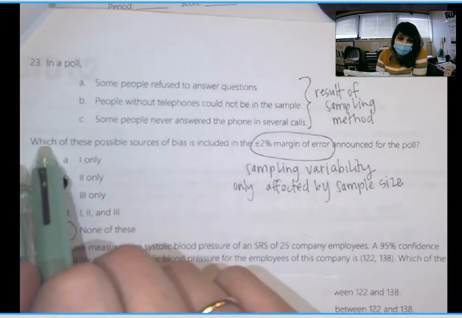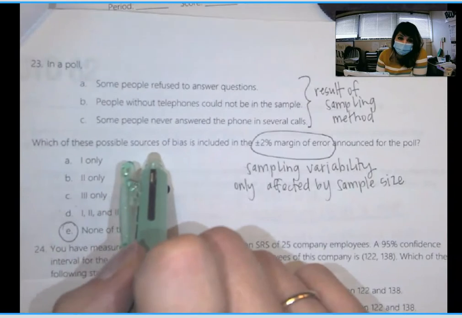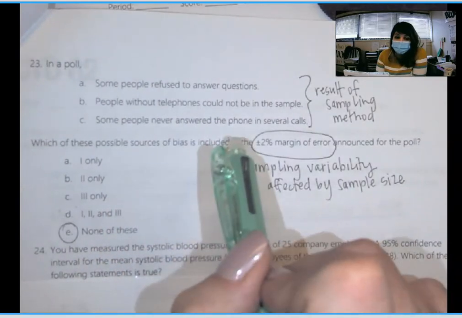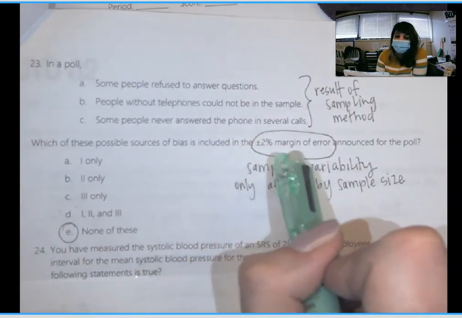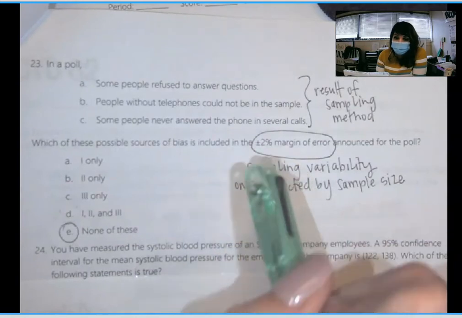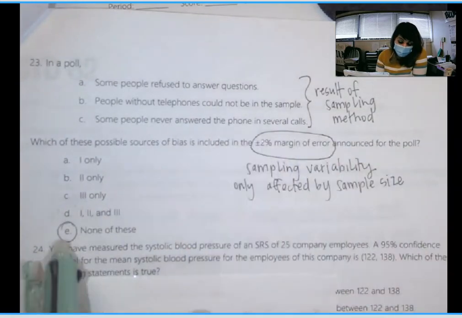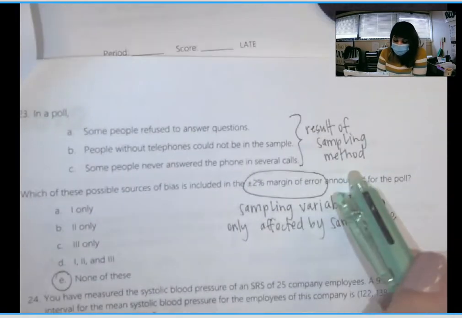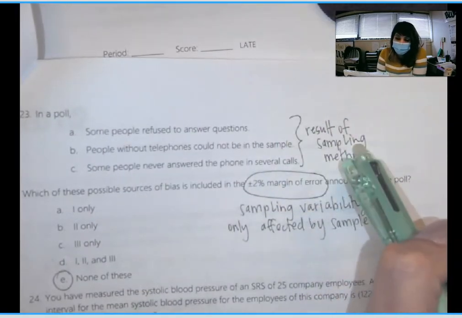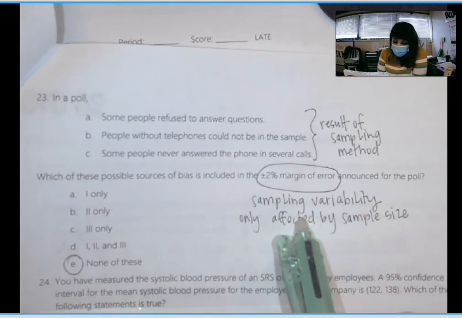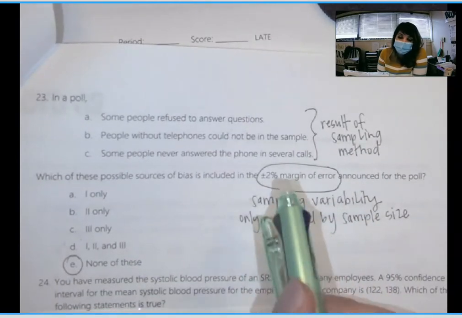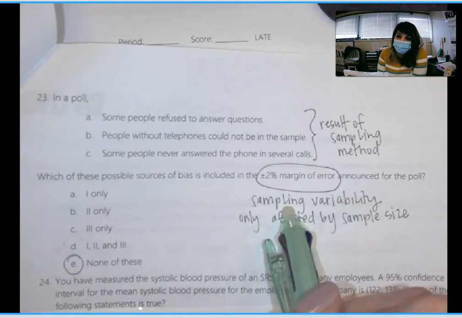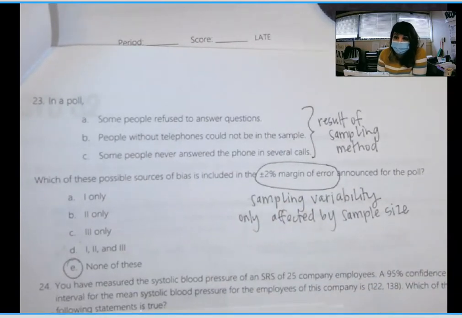So this one says, which of these is a possible source of bias that is included in your margin of error for the poll? And the answer would be none. These all have to do with how you take your sample. This has to do with the natural occurrence of your samples being different.